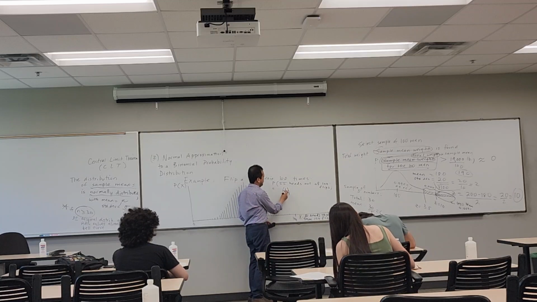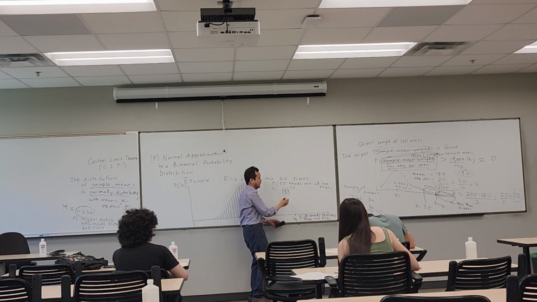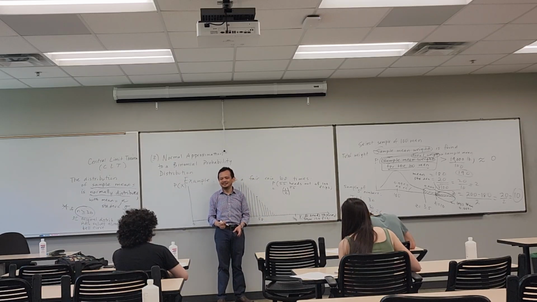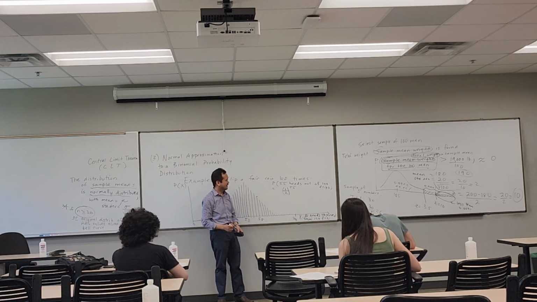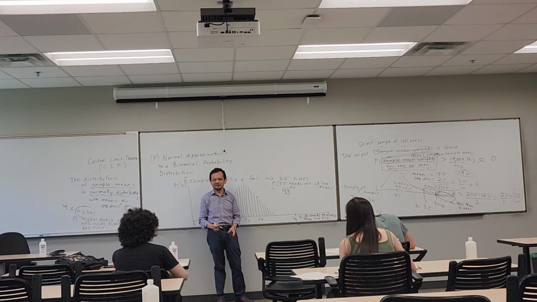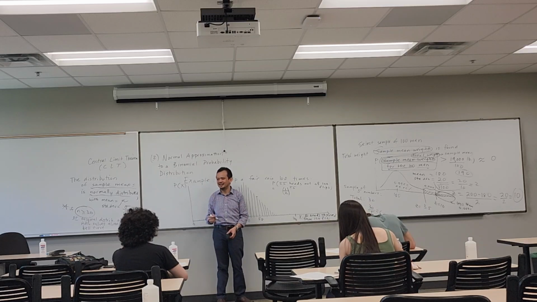So you can multiply 1/2 by itself 55 times. Is that the final answer? No. Okay, so what's missing? You have to do the probability that it's not heads, and you have to do the 100 choose 55. Okay, good, yeah. Why is it 1/2?